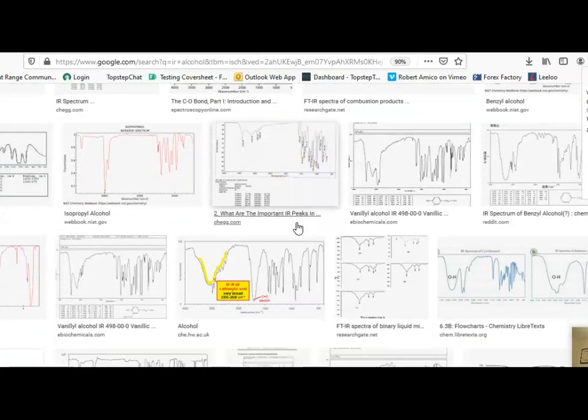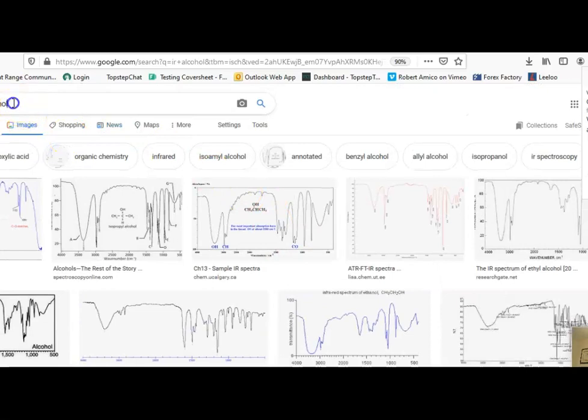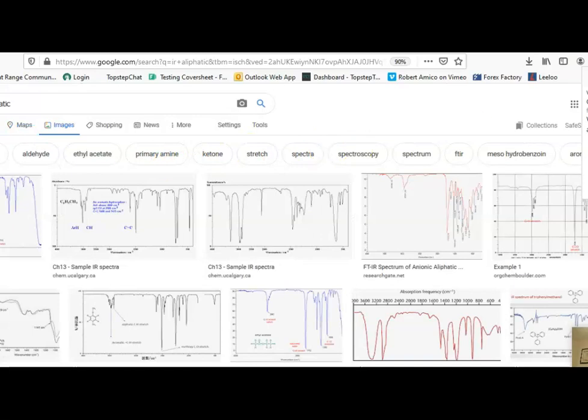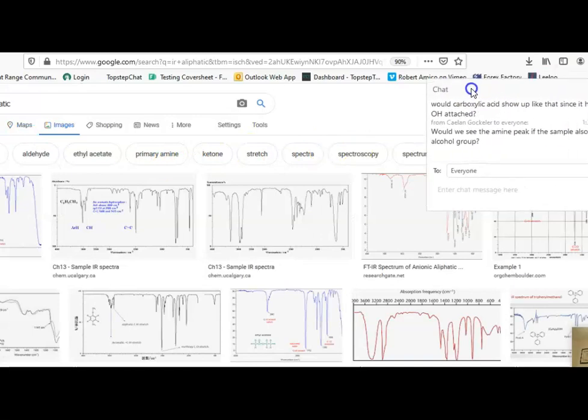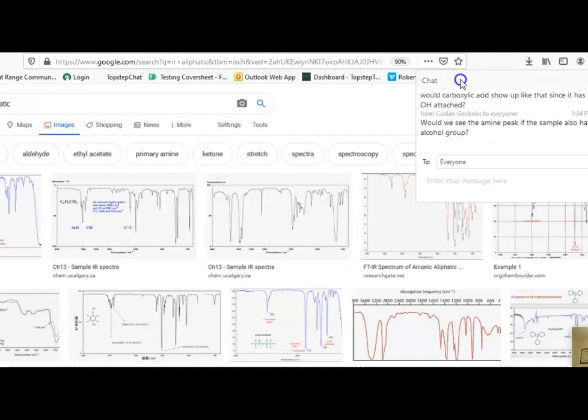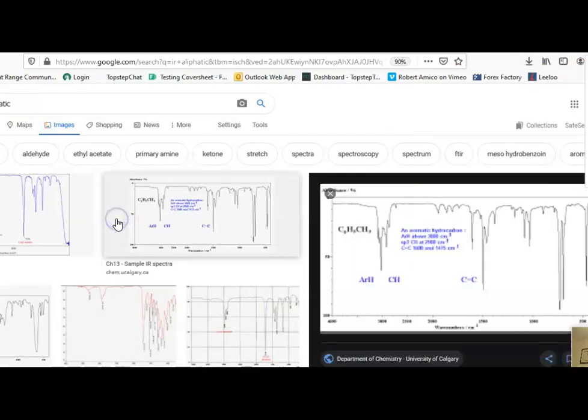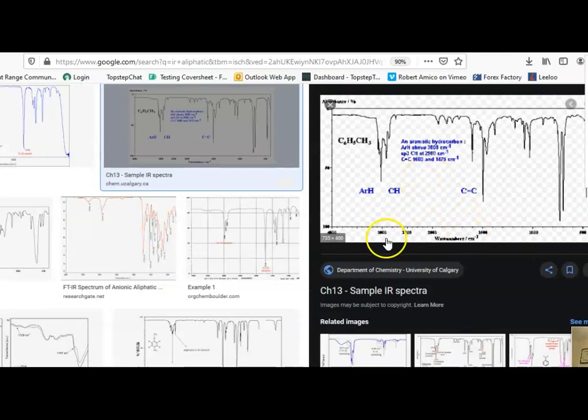Okay, so let's actually just look. Here's an aromatic and an aliphatic. So you see 3000.